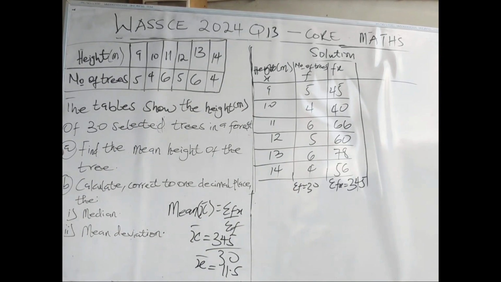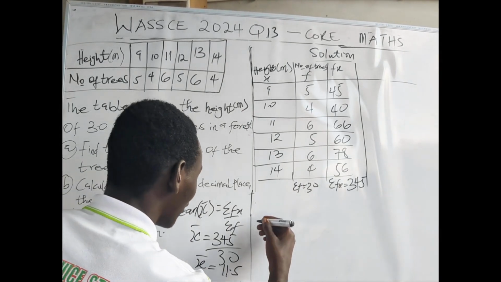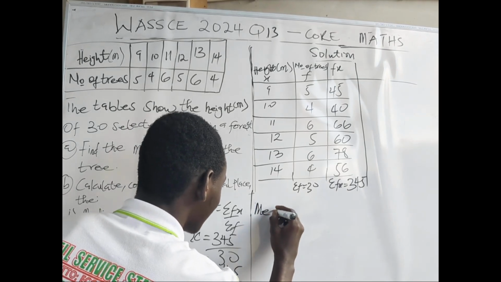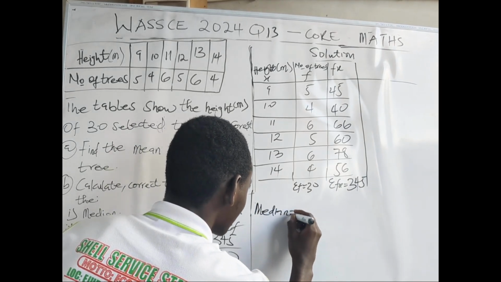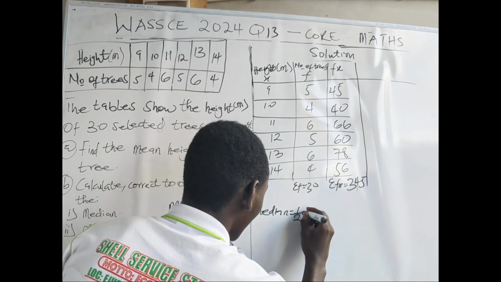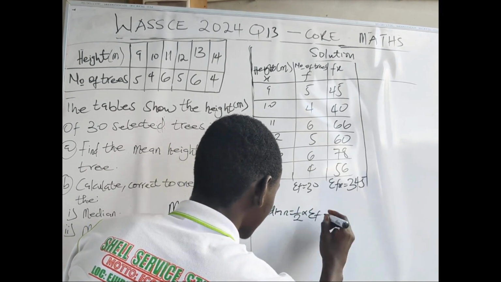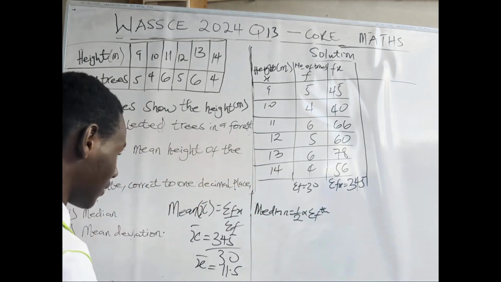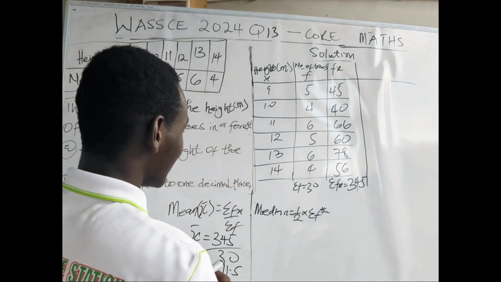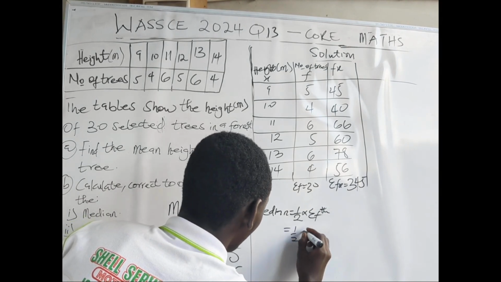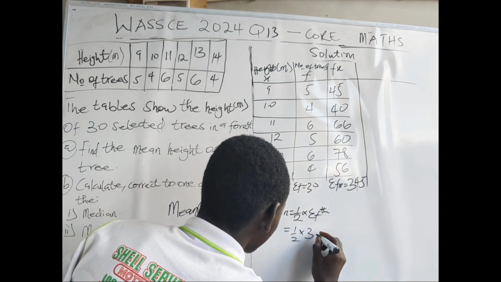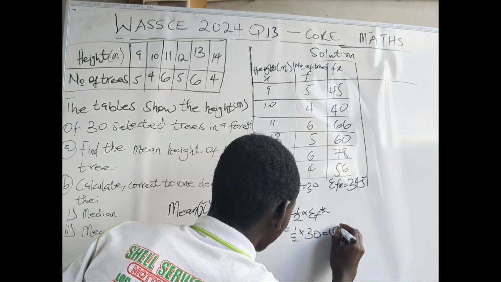And we know median to be the middle value, and the position of the median is half times the total frequency. Here our total frequency is 30, and that's 15.